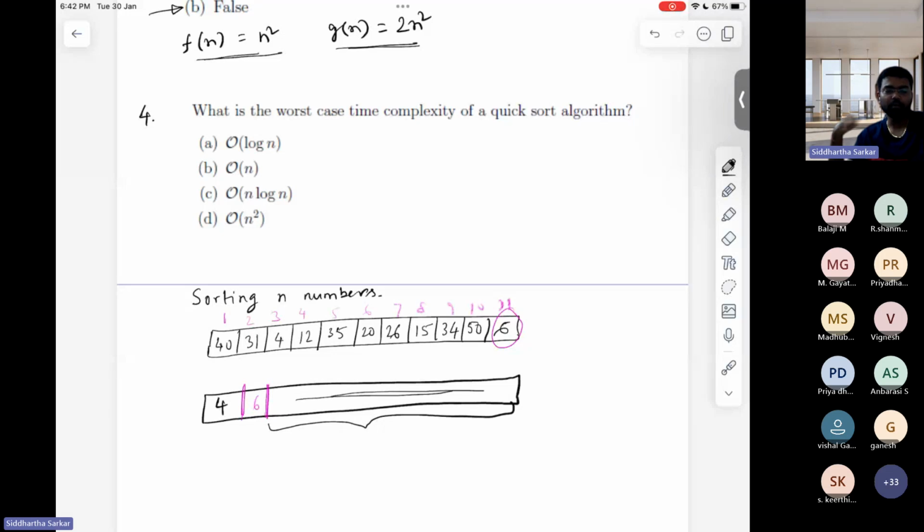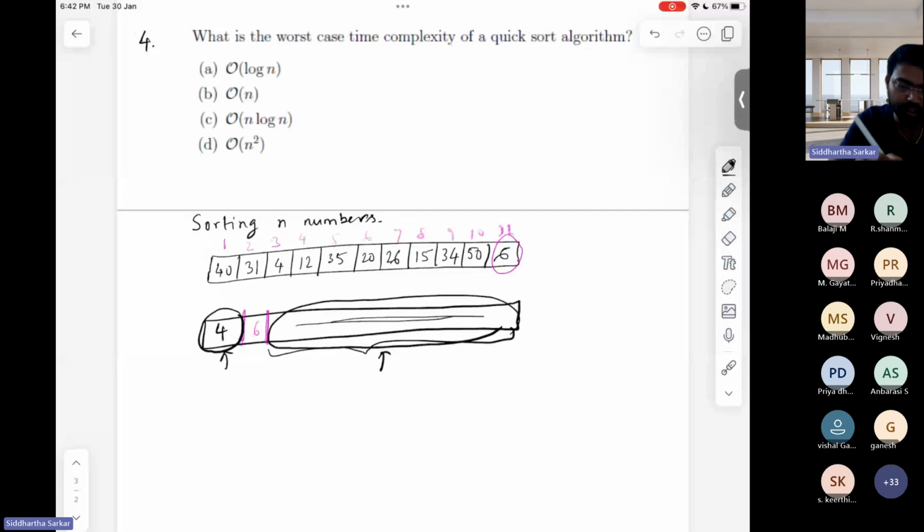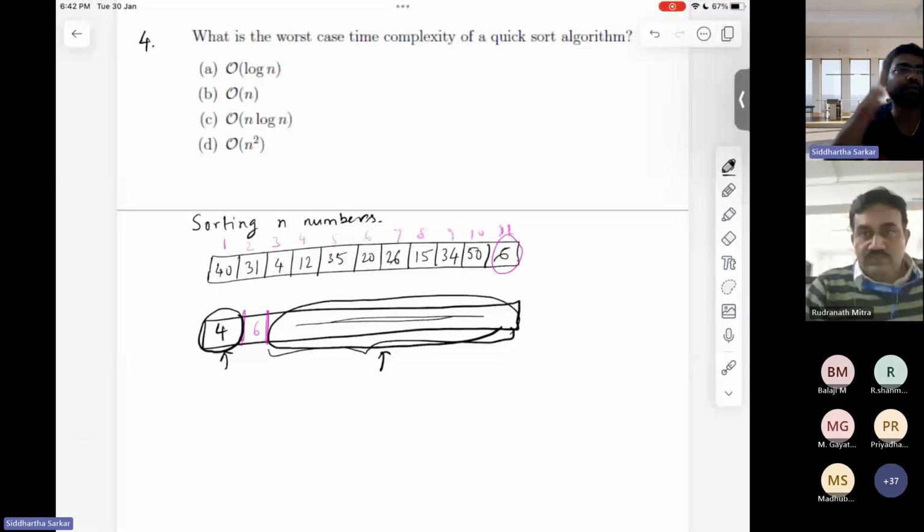Then it will apply quicksort once again on these two partitions. This partition is already taken care of because there is only one number here, but this partition needs to be solved again. So again, it will identify one pivot. The element which divides the array into two parts is called a pivot.